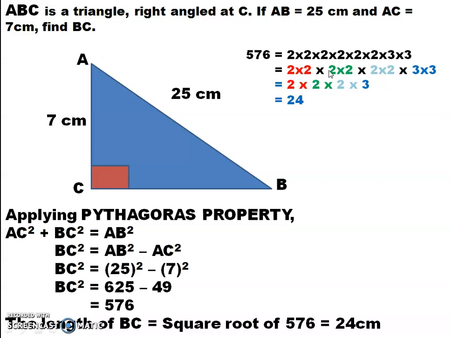From each group I am taking one number outside and then multiplying it. So 2 into 2, 4, 4 into 2, 8, 8 into 3, 24. So the square root of 576 is equal to 24. So the length of BC is equal to 24 centimeter.